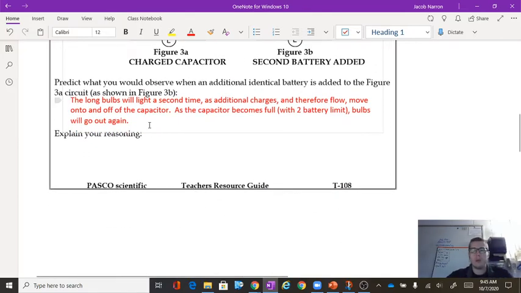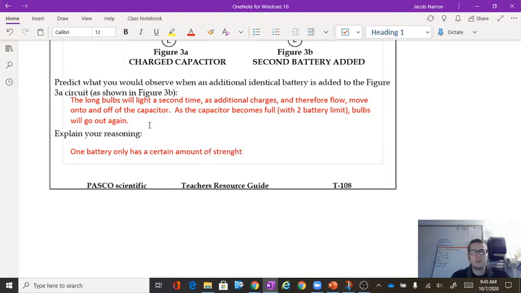Explain your reasoning. Well, one battery only has a certain amount of strength. So let's say that's 1.5 volts, which is the voltage you get out of a AA, a AAA, a quadruple A, DC, whatever.